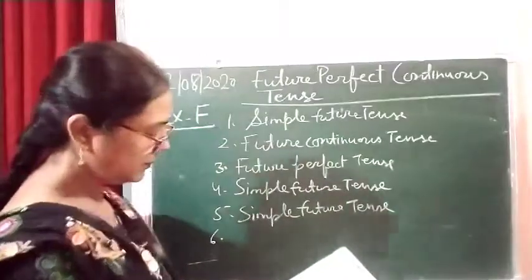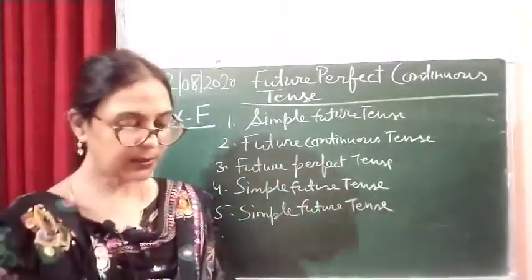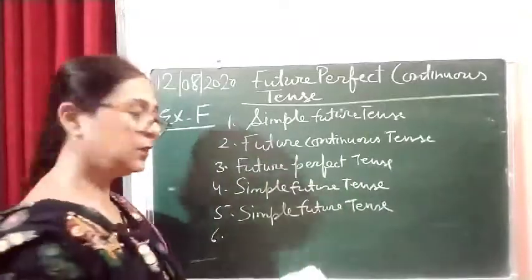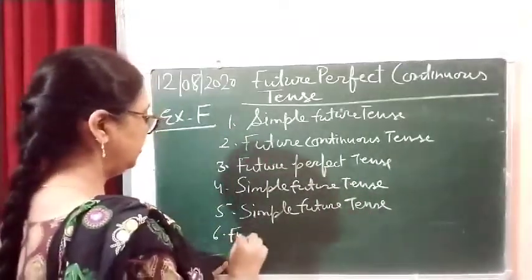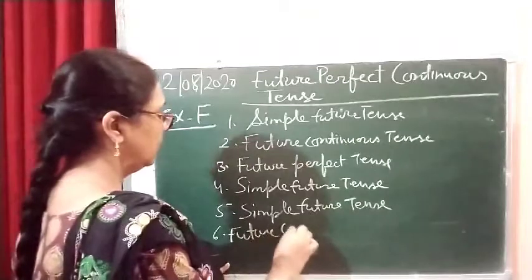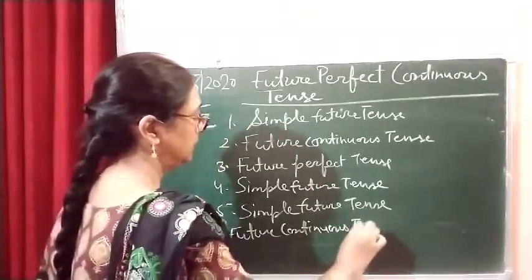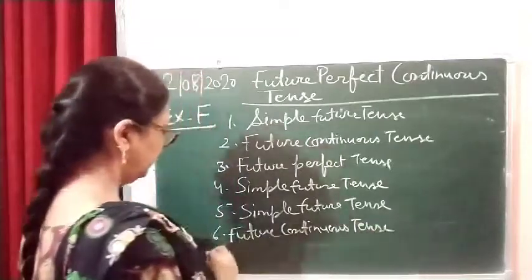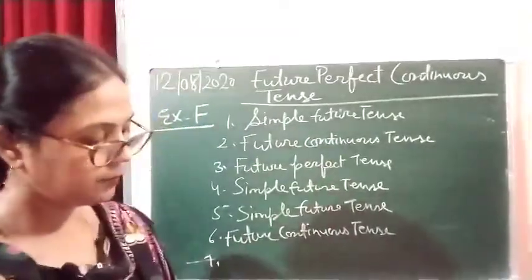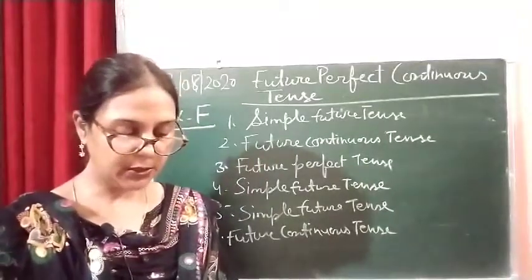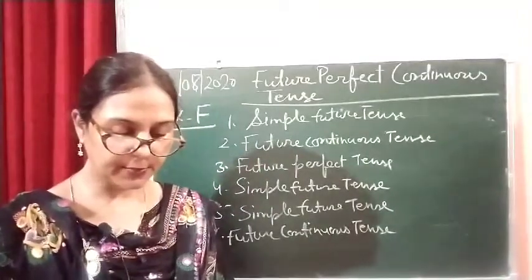Number 6, the actors will be rehearsing for the program soon. This is future continuous tense. Now in number 7, the players will have played the match by 10 p.m. tonight.